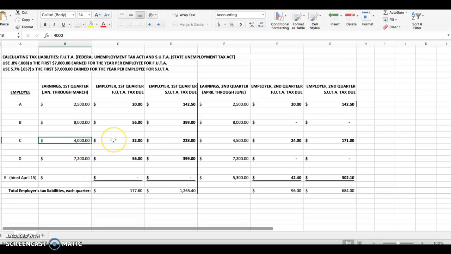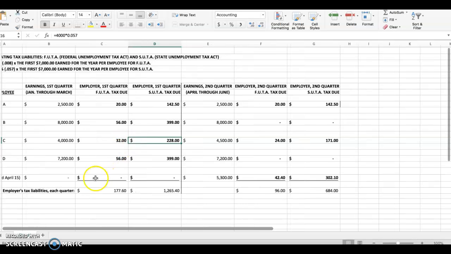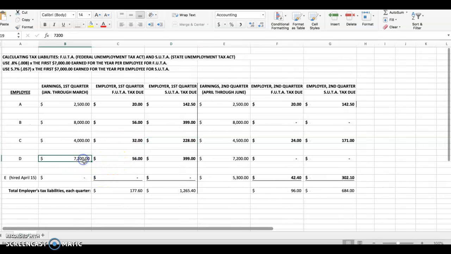Employee C is at $4,000, so we take the $4,000 times our percentages. We get the federal, and we will get the state unemployment tax by using the proper decimals for the calculation. Employee D made $7,200. Again, we only figured this on the first 7,000.